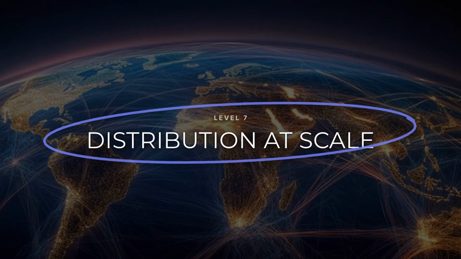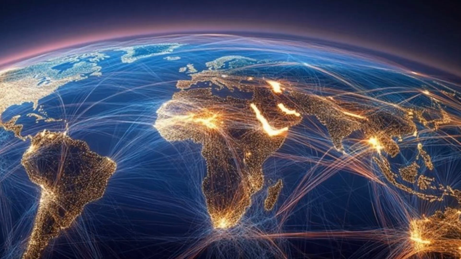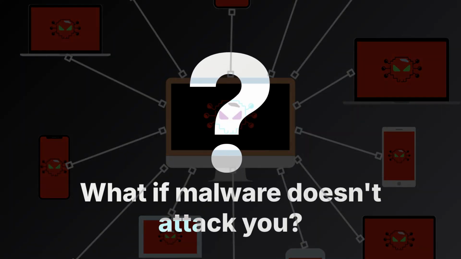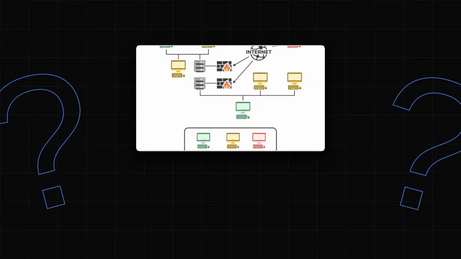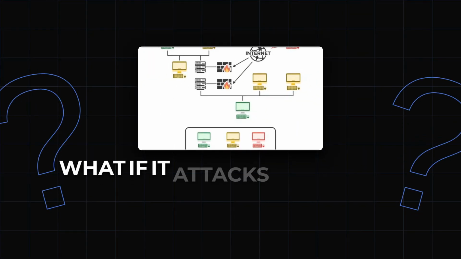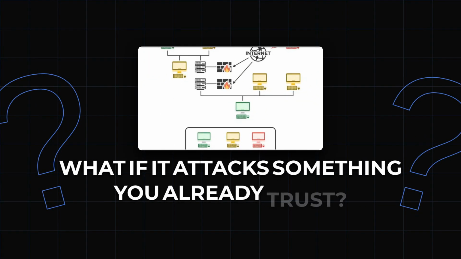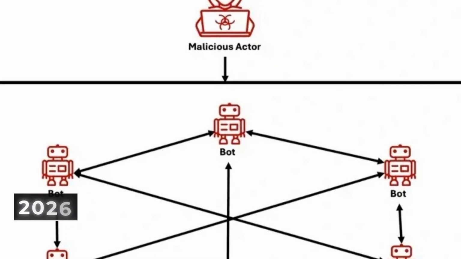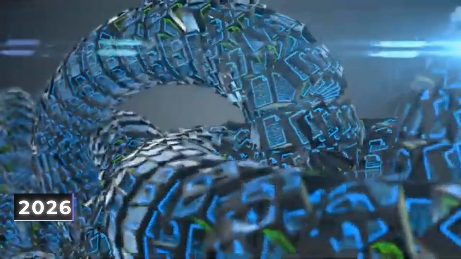Level 7. Distribution at scale. What if malware doesn't attack you at all? What if it attacks something you already trust instead and lets you install it yourself? This is the supply chain attack. In 2026, a self-propagating worm did exactly that inside the software supply chain.